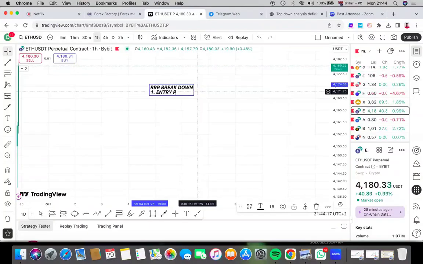So, entry price. When we say entry price, what do we mean by that? So entry price basically is the price in which you are buying an asset for.